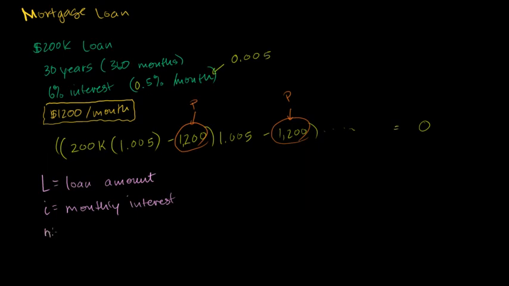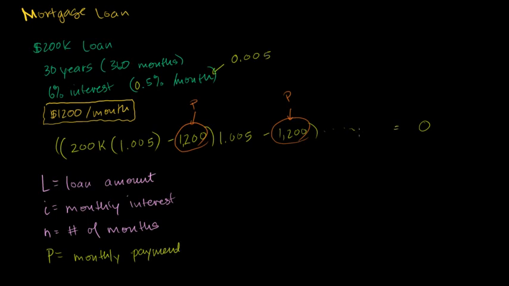Let's say N is equal to the number of months that we're dealing with. And then we're going to set P equal to your monthly payment, your monthly mortgage payment, some of which is interest, some of which is principal. But it's the same amount you're going to pay every month to pay down that loan plus interest. So this is your monthly payment.